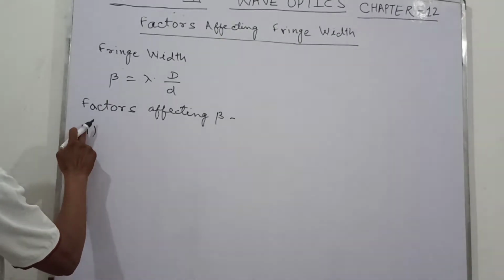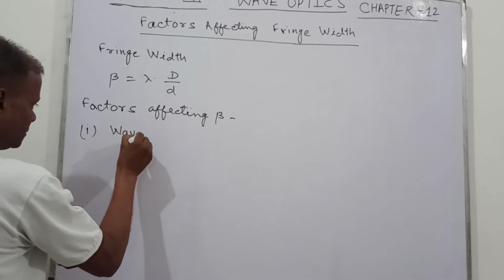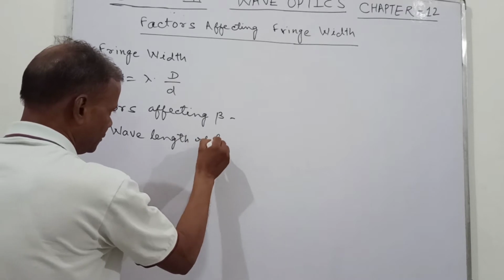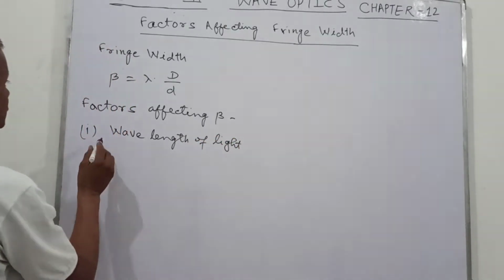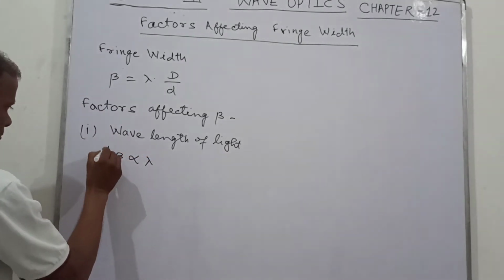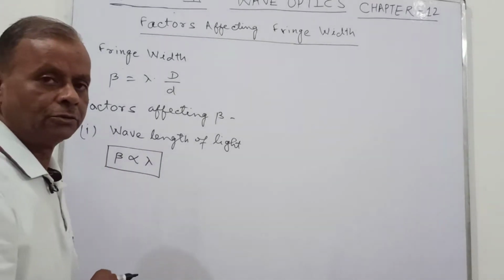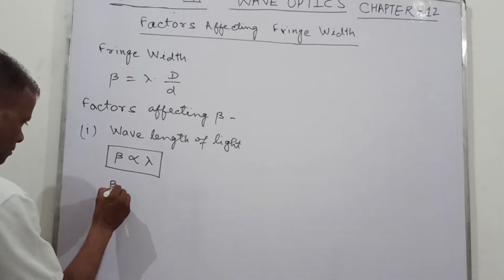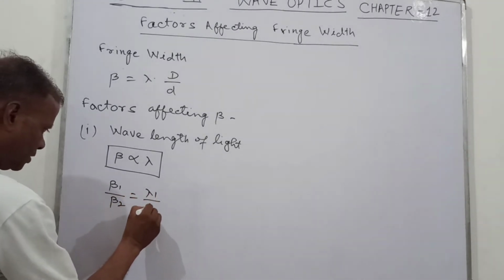Number one, wavelength of light. So this beta is proportional to lambda. So this is clear that beta 1 upon beta 2 equal to lambda 1 upon lambda 2.